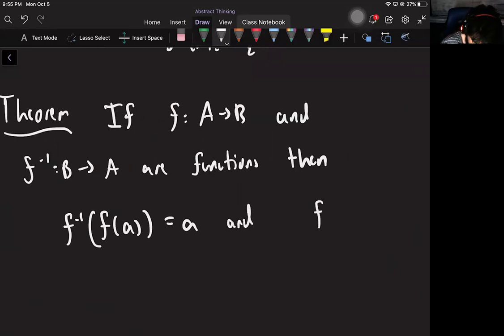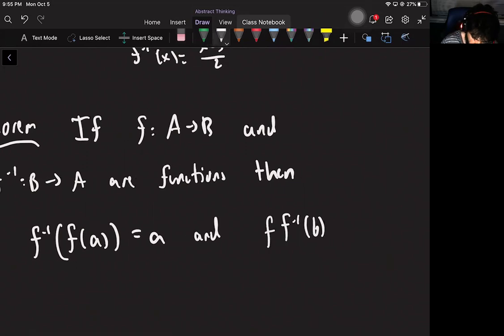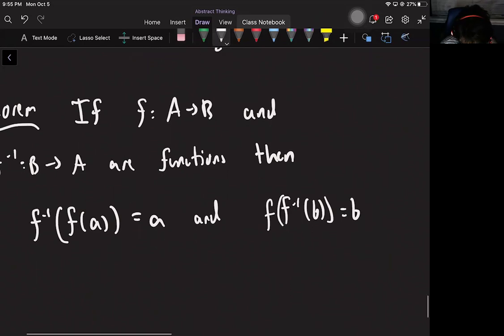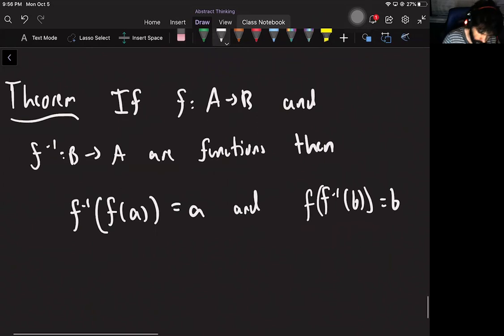Similarly, if I first plug B into the inverse, that takes me over to the set A, and then if I do f, I just send that right back to B where it came from. You can think of this as them canceling each other out. That's one way to think about it. This happens for any a in A and for any b in B.